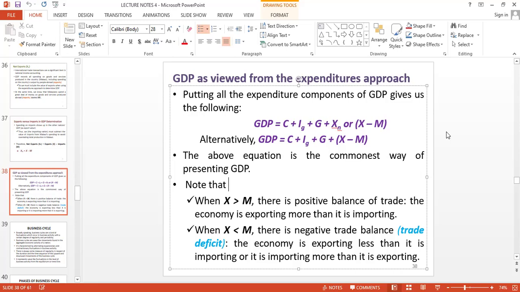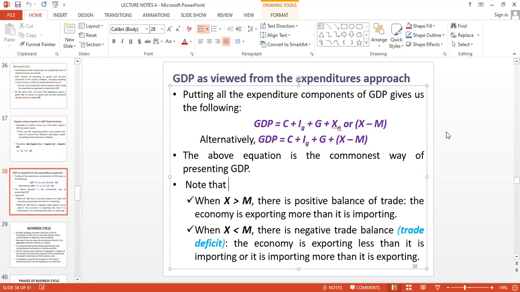What I was explaining was X minus M. This particular section of this equation represents international trade. And that's where we come in with issues of foreign exchange reserves. In Malawi, you also know that a lot of products that we produce use imported raw materials.